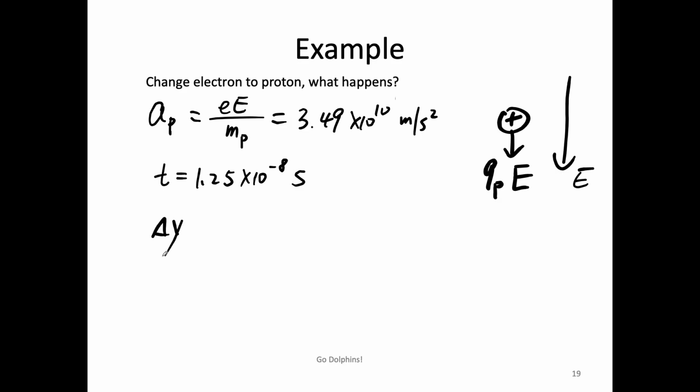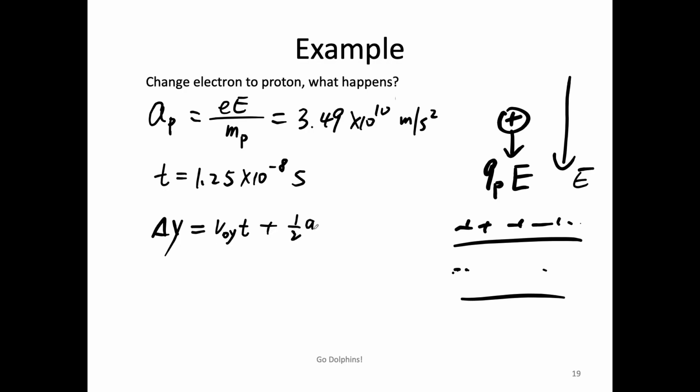So the deflection for this proton, its acceleration is small. Let's calculate first. v0y t plus 1/2 ap t squared is going to be a very, very small deflection for proton.